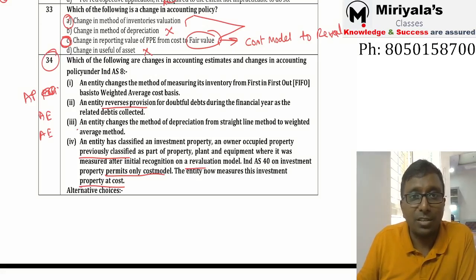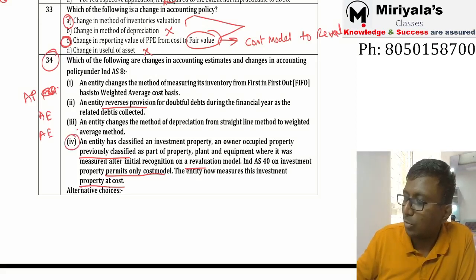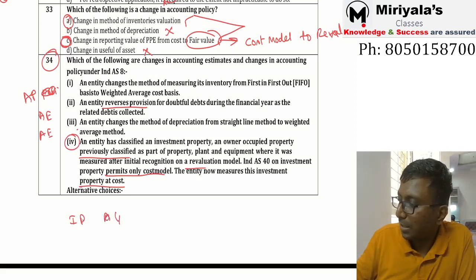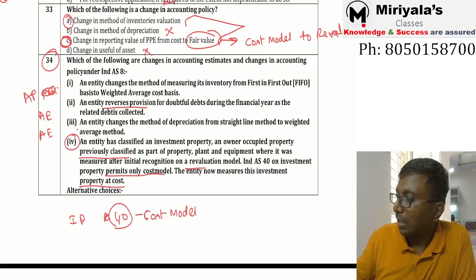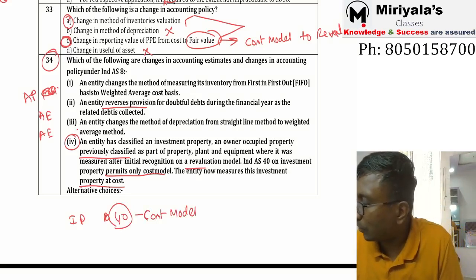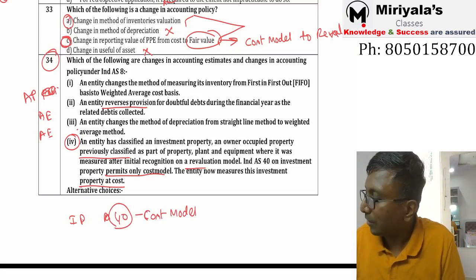I am not changing. This is not an accounting policy change, but it is also an exception to the basic rule. Investment property as per Ind AS 40, you are supposed to follow only the cost model. Now, as part of the property where it was measured after initial recognition, previously classified, one second.